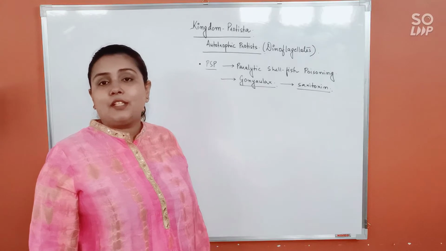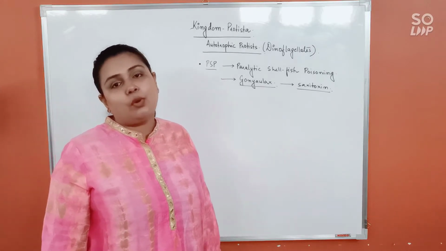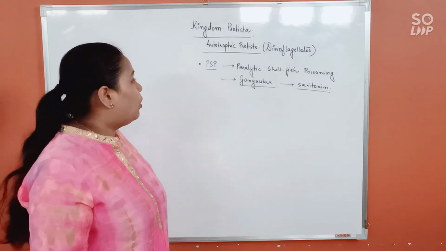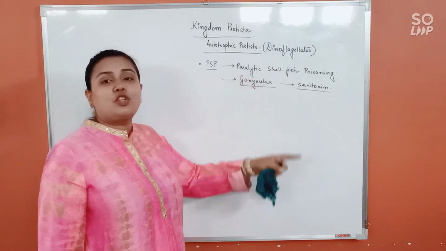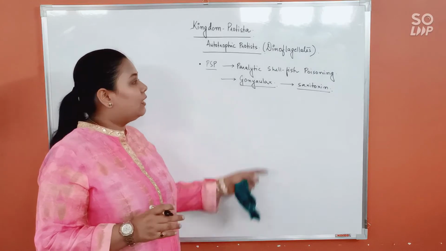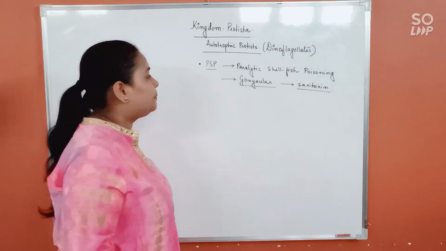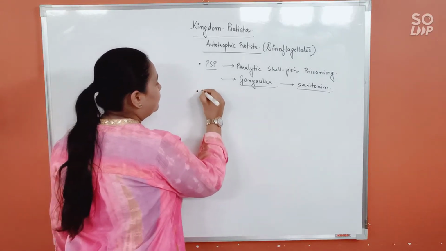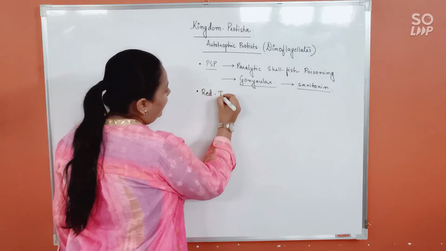In that case, saxitoxin can be highly poisonous to a human. It can cause a disease called paralytic shellfish poisoning, which is caused by Gonyaulax. Next, red tide effect.